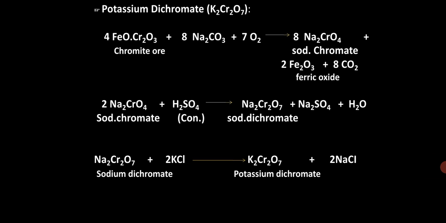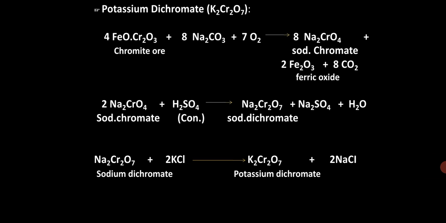Theoretically it is written that we first get sodium dichromate, and after filtration the hot solution is allowed to stand to get crystals of Na2Cr2O7.2H2O, then it reacts with potassium chloride. But actually we do not do so. Actually, a hot and concentrated solution of sodium dichromate is treated with a calculated quantity of potassium chloride, and the mixture is allowed to cool to get orange crystals of potassium dichromate.